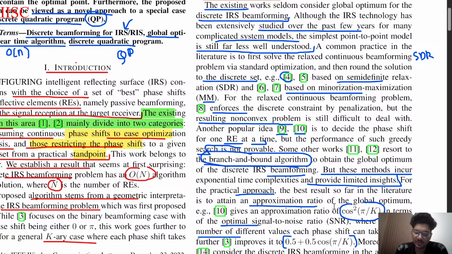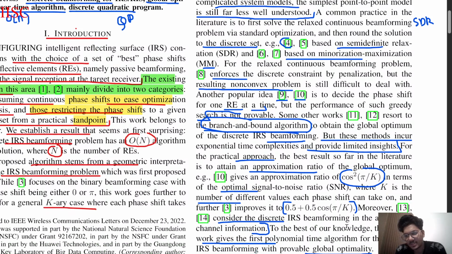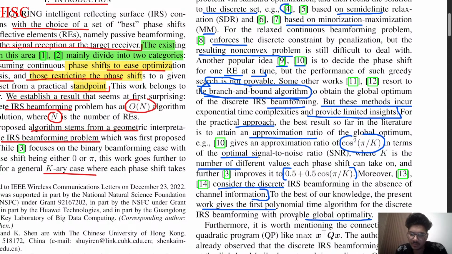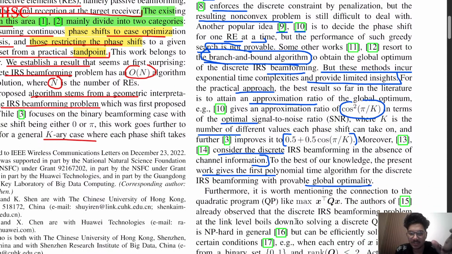Further it was improved to 0.5 to 0.5, one plus half of something. Furthermore, it is worth mentioning the connection to the quadratic program like X transpose QX, and the authors already observed the discrete IRS beamforming problem is NP-hard.